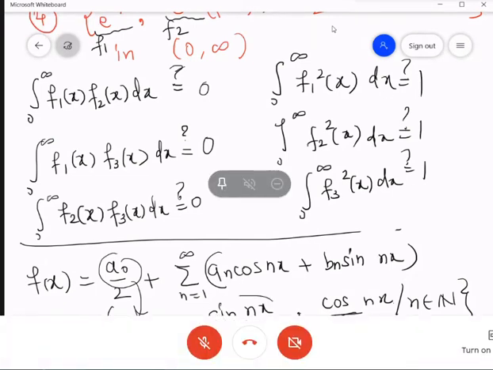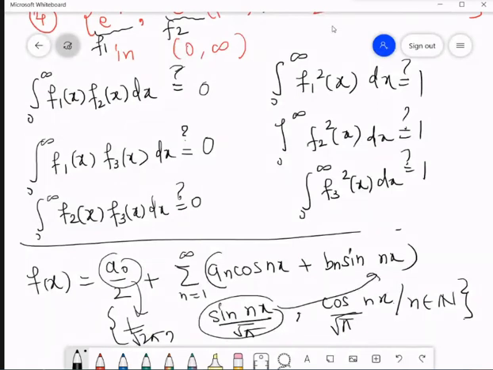This constant can be adjusted with bn and we can have a similar sine term here. So the terms appearing in this set and the terms appearing in the Fourier series have a lot of relation between them. In fact the Fourier series is being written in terms of that particular orthonormal set.